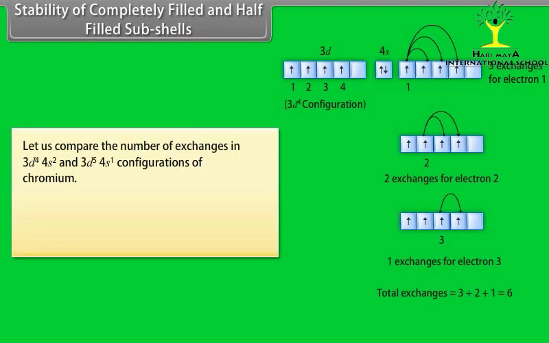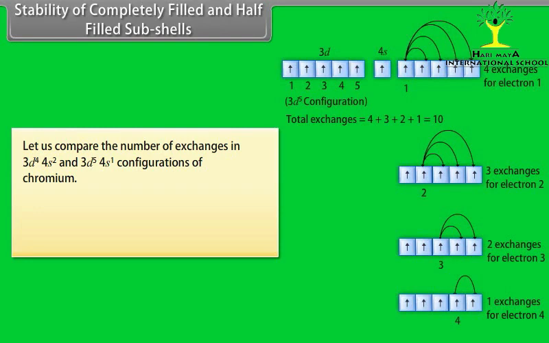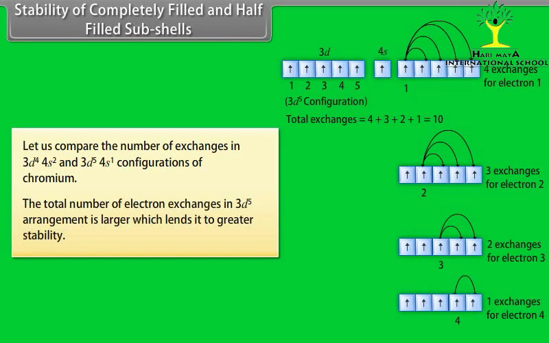Let us compare the number of exchanges in 3d⁴ 4s² and 3d⁵ 4s¹ configuration of chromium. In 3d⁴ arrangement, electron exchanges are 6, which implies that there are 6 possible arrangements with parallel spin. The total number of electron exchanges in 3d⁵ arrangement is larger, which lends it greater stability.